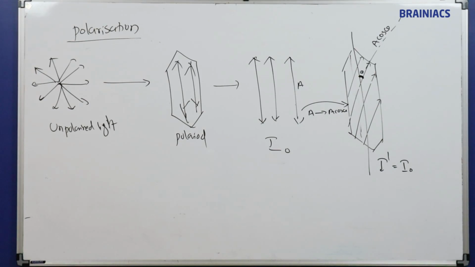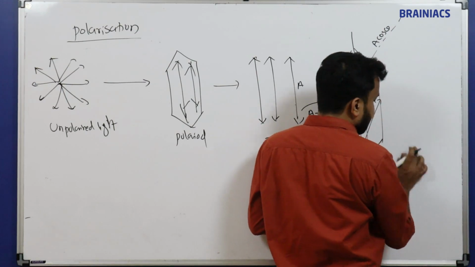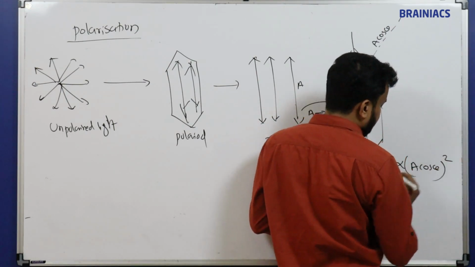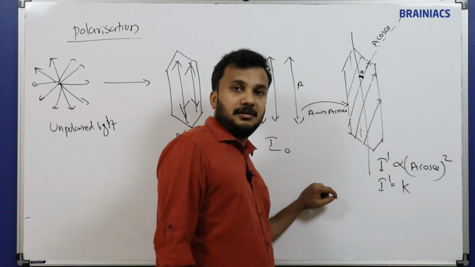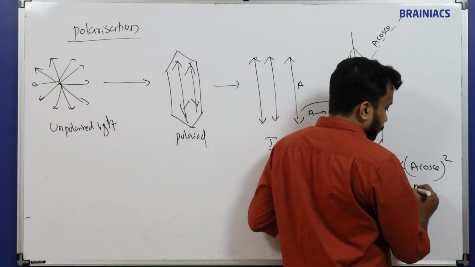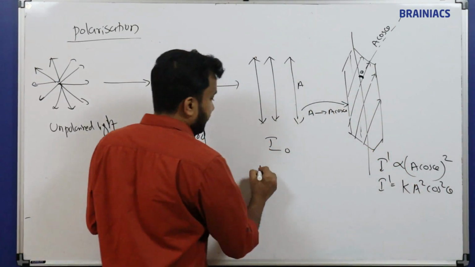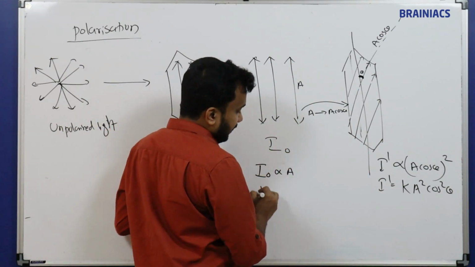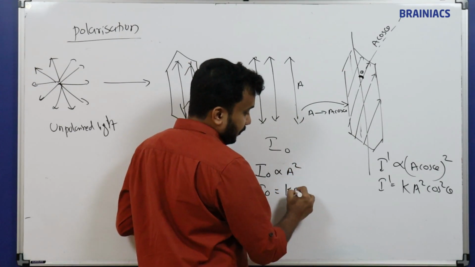So I know intensity is proportional to the square of the amplitude. So I can say I dash is proportional to A cos theta the whole square. Replacing proportionality with a constant k, I dash is equal to k A square cos square theta. And I0 is proportional to A square, so I0 is equal to k A square.